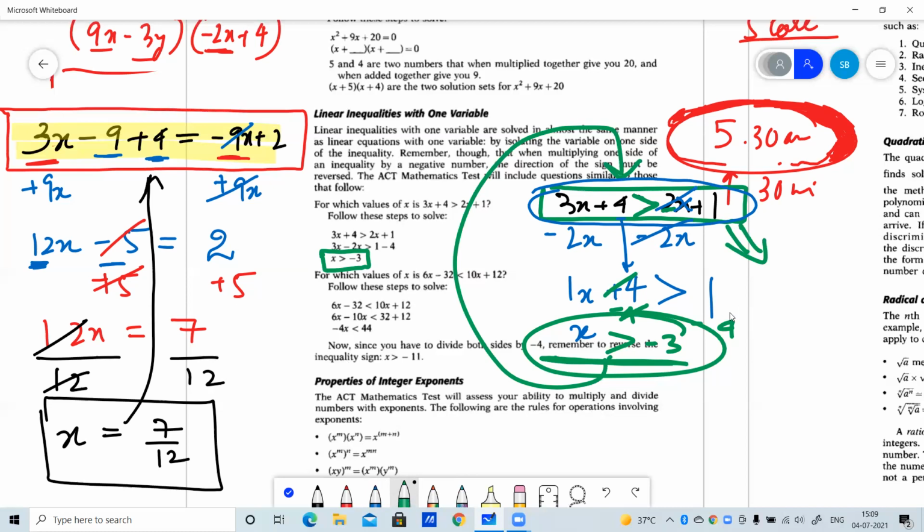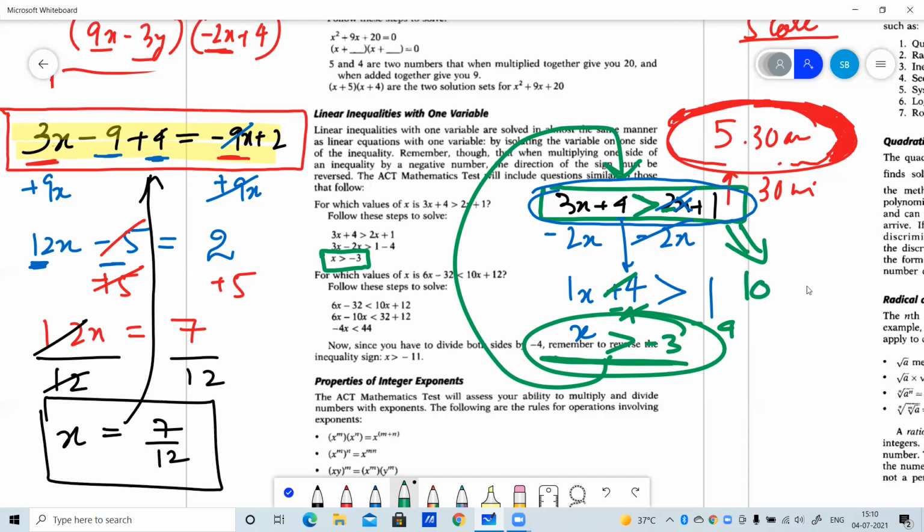3 times 2 plus 4. How much will that be? 3 times 2 is 6, and then plus 4 is 10.